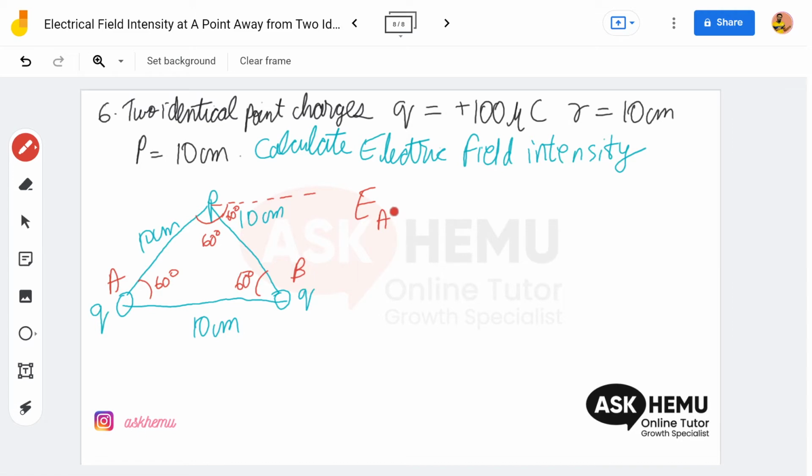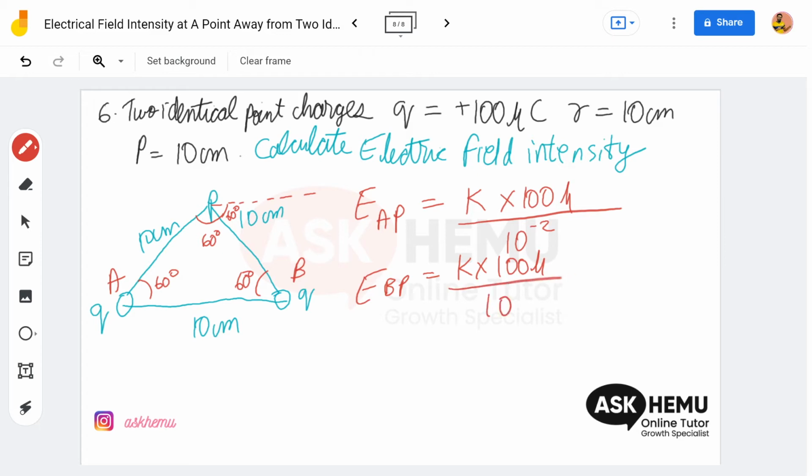This is the component I have to resolve into x and y components. With 100 microcoulomb, the formula is kq by r squared, and r is 10 centimeters, which is 0.1 meters, so 10 to the power minus 2 after squaring it. I'll retain this value because it's going to be easier later. E of B at P is also going to have the same value, k into 100 micro by 10 to the power minus 2. So I have the correct values of the electric field.